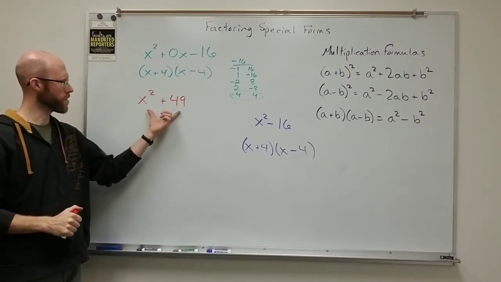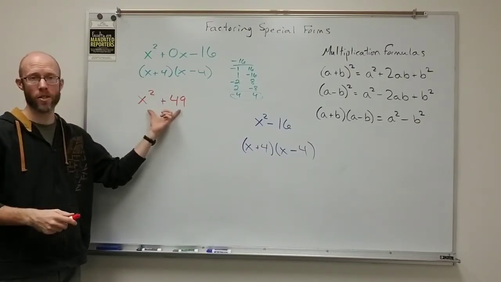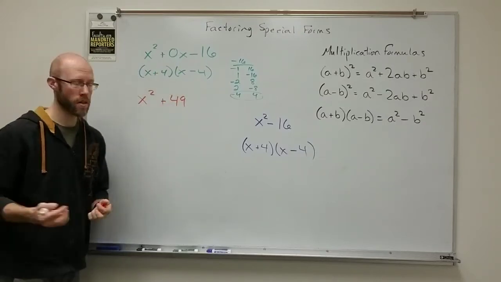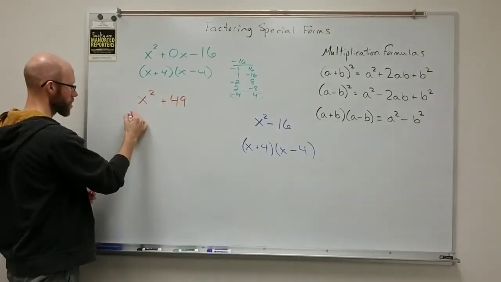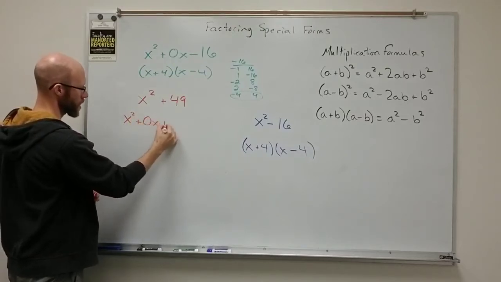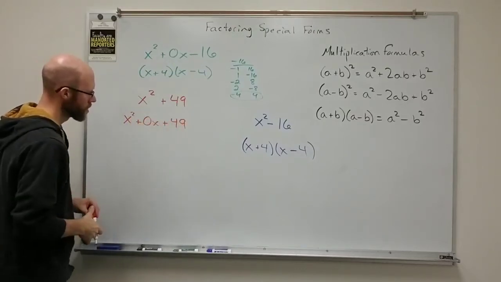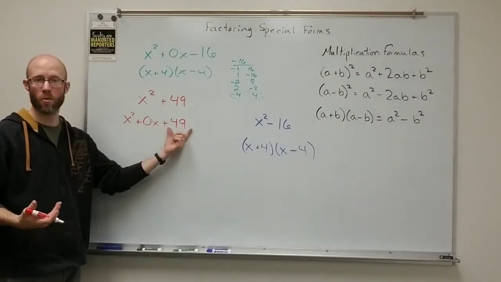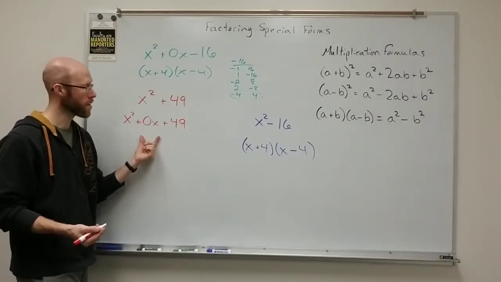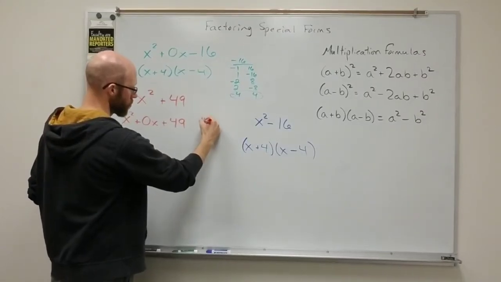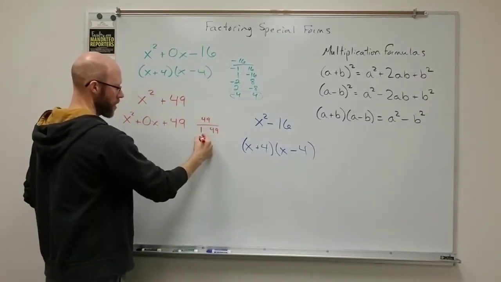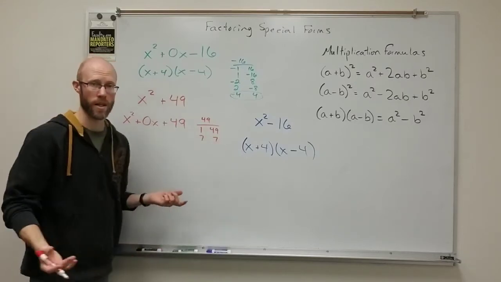And this one's kind of a weird situation, but I can mimic it with this idea of a 0 in the middle. Simply taking x squared plus 0x plus 49. So the question I would respond with is, what factors of 49 add up to 0? Okay, and so we look at 49, well, the factors are 1 and 49, and 7 and 7, and that's it.